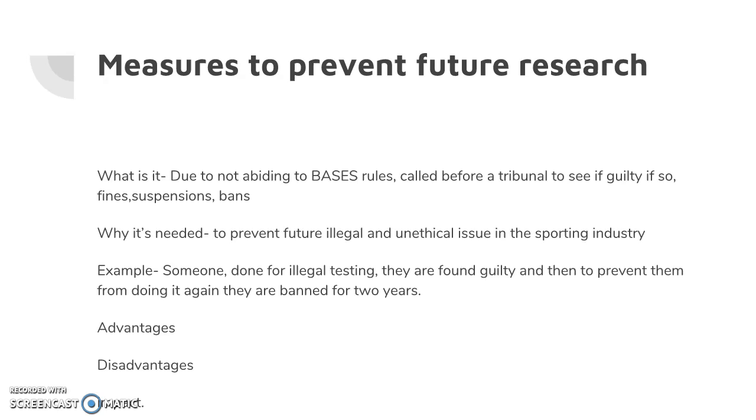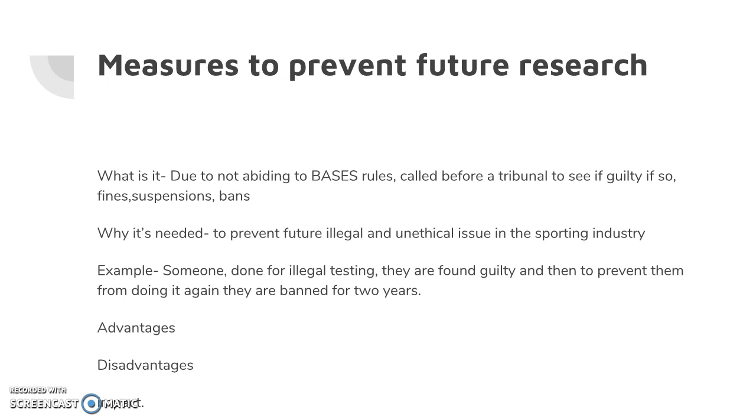So, measures to prevent future research malpractice. This is due to abiding by BASES rules. You can be called before a tribunal to see if you're guilty, and if so, then this could lead to fines, suspensions, and lifetime bans. This is needed to prevent illegal and unethical issues.